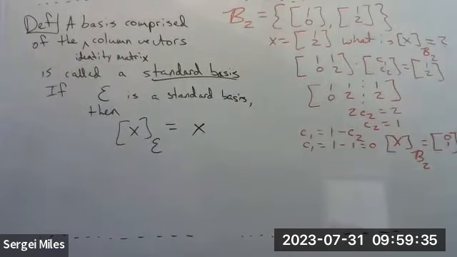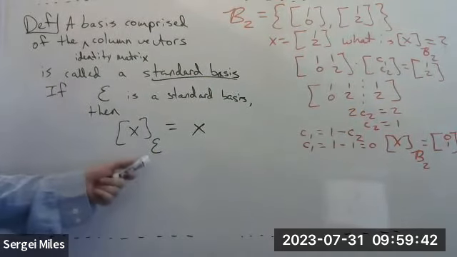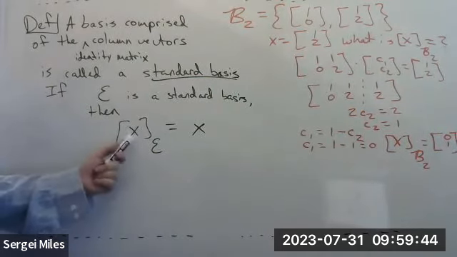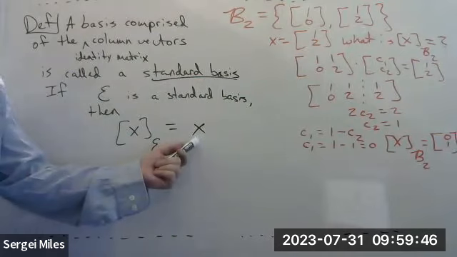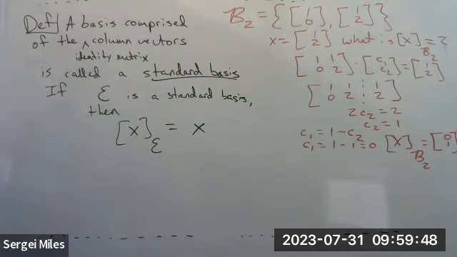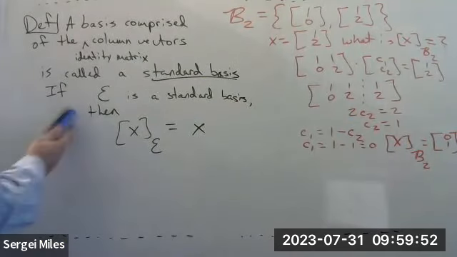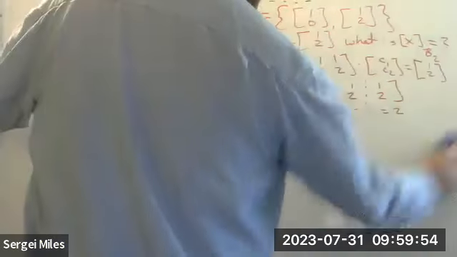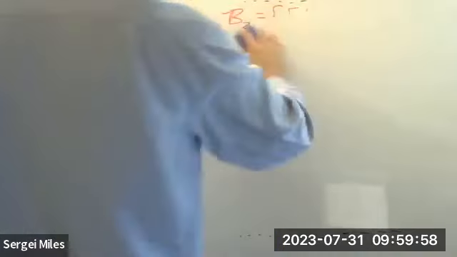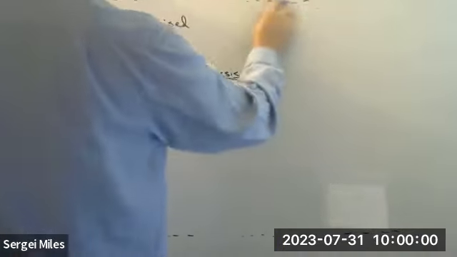So if you run into problems where they're asking you to find the basis coordinate vector of x, if the basis is a standard basis, well, then your answer is just the original vector x. You don't have to solve anything. You don't have to calculate anything, right? So this is a nifty trick we can use, but this only works when the basis is the standard basis. When it is not the standard basis, well, then we have to do a little bit of work.